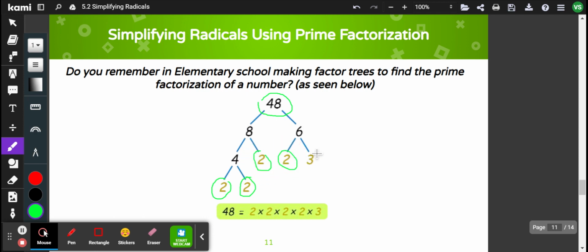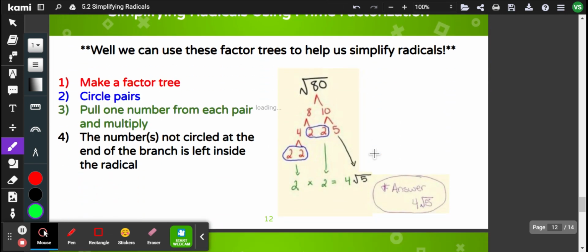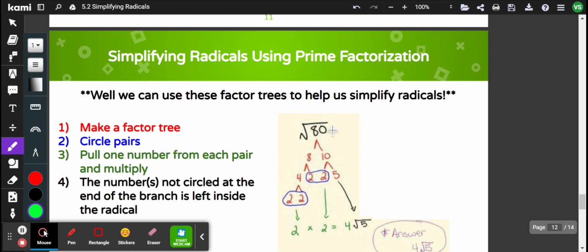If you notice, all these prime numbers when multiplied by each other give you back the 48. So you're just splitting the number down into all prime numbers.